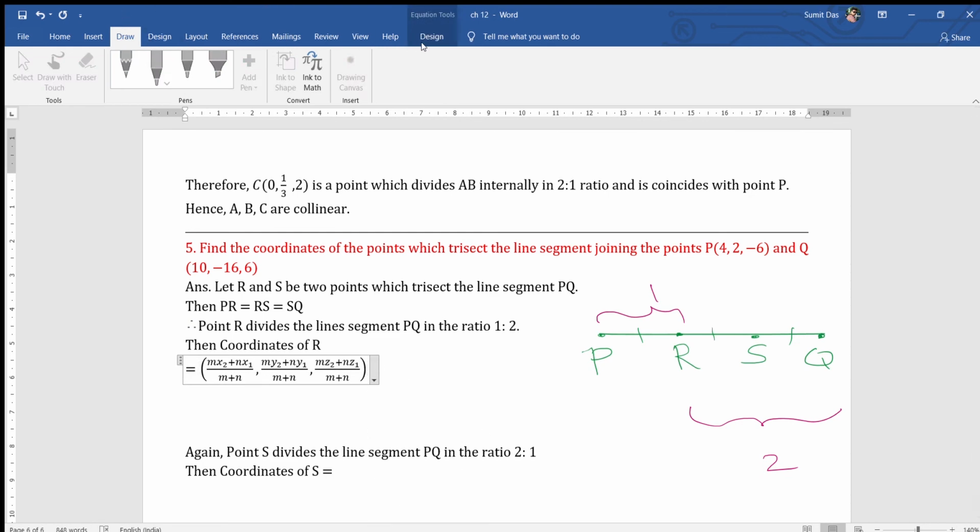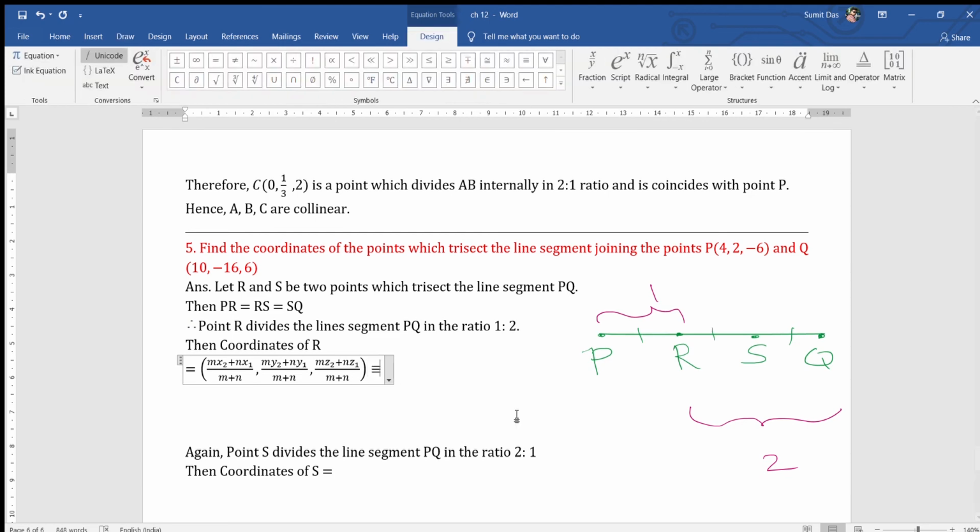If you put the formula, it will be, okay. So what is m? M here, I'm writing here.